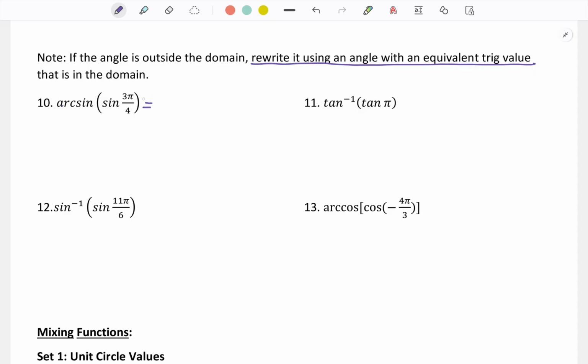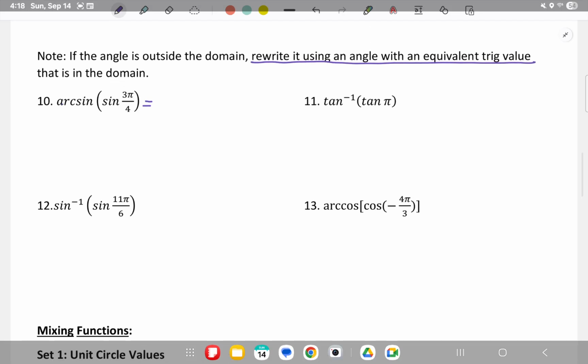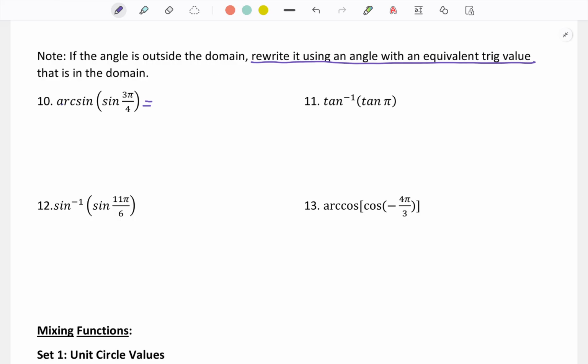So first we have number 10, we have the arcsine of sine of 3π/4. 3π/4 is outside, but if we look on our unit circle, then we see that 3π/4 has the same sine value as π/4. So we're going to rewrite this as the arcsine of the sine of π/4.